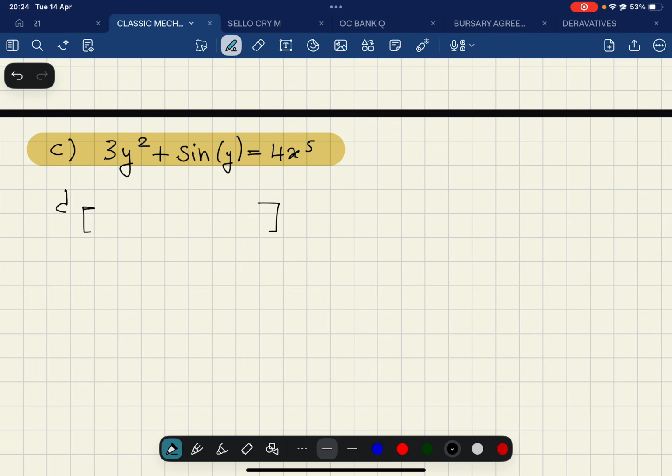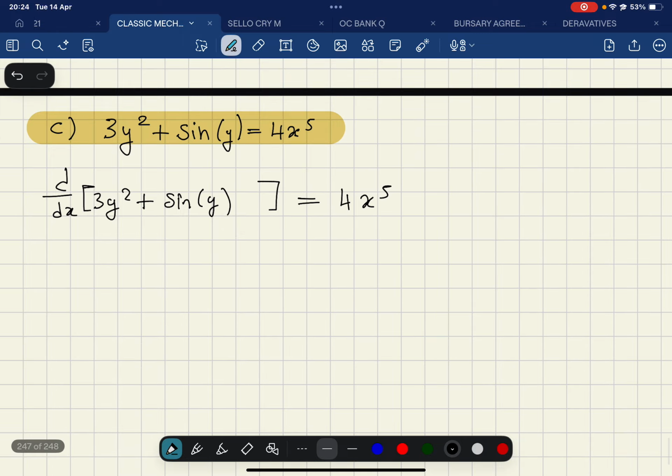We multiply both sides by d over dx of 3y squared plus the sine of y, which is equal to 4x to the 5. Then even this side I multiply both sides by d over dx. So when I start deriving 3y squared, I will get what?